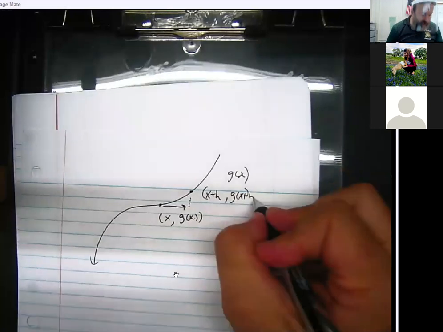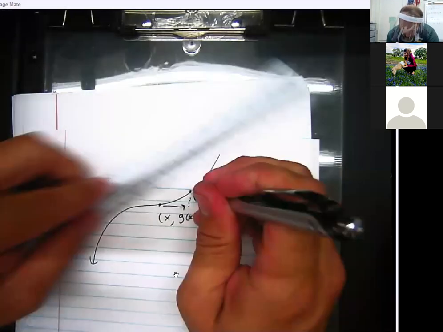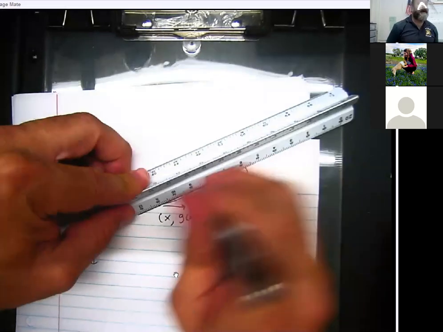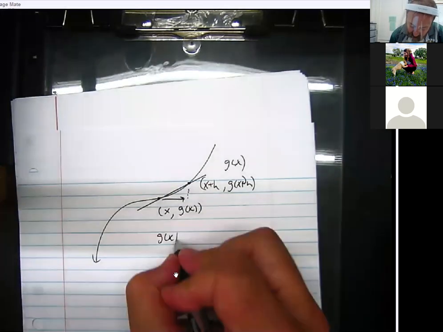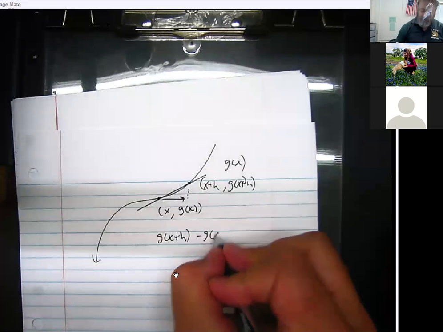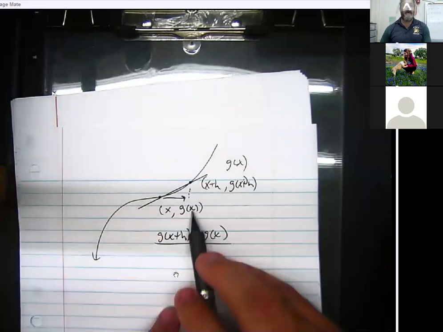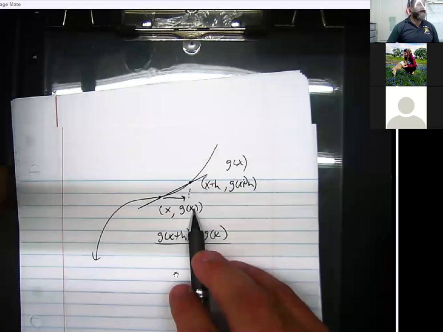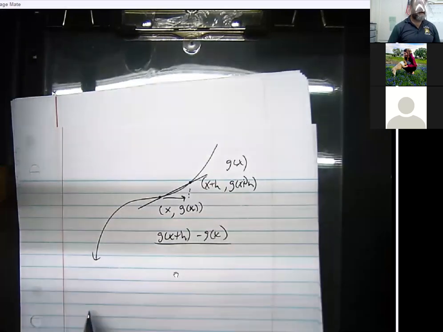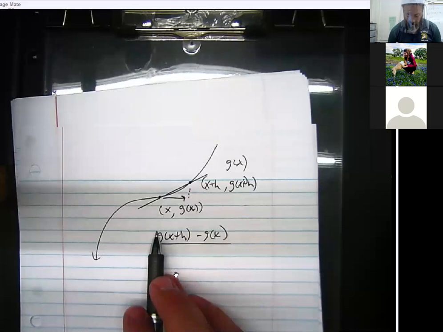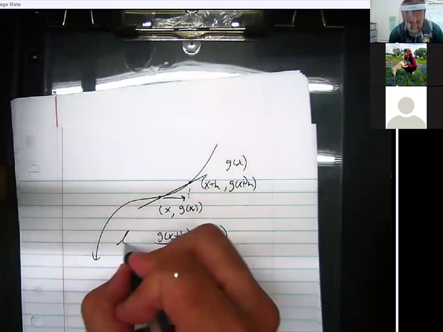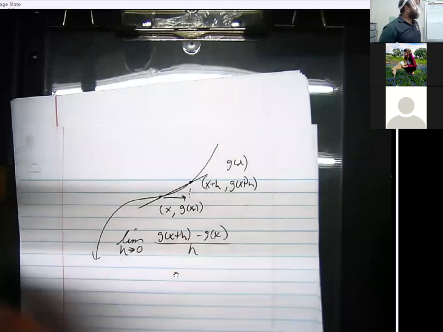Now, if I played connect the dots with these two values, could I find the slope of that line? So if I did g of x plus h minus g of x all over, that's the rise, right? This one minus this one over, what's the run? It would be x plus h minus x, which is just h. What am I saying to do?